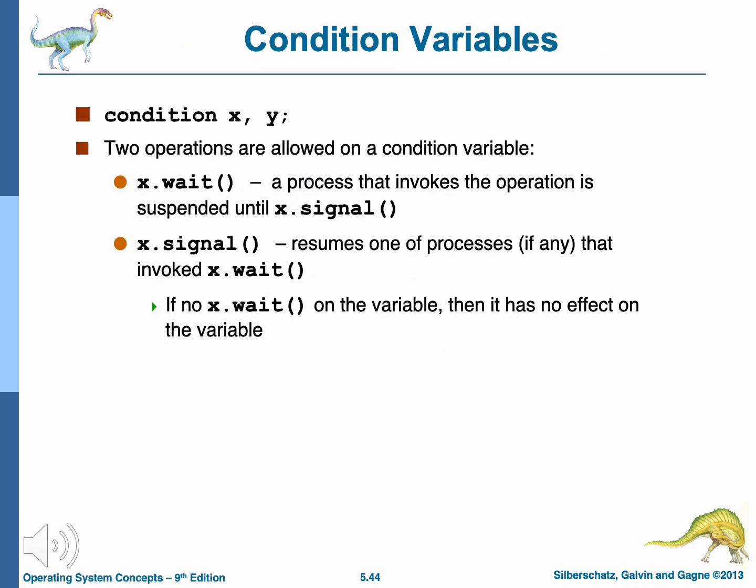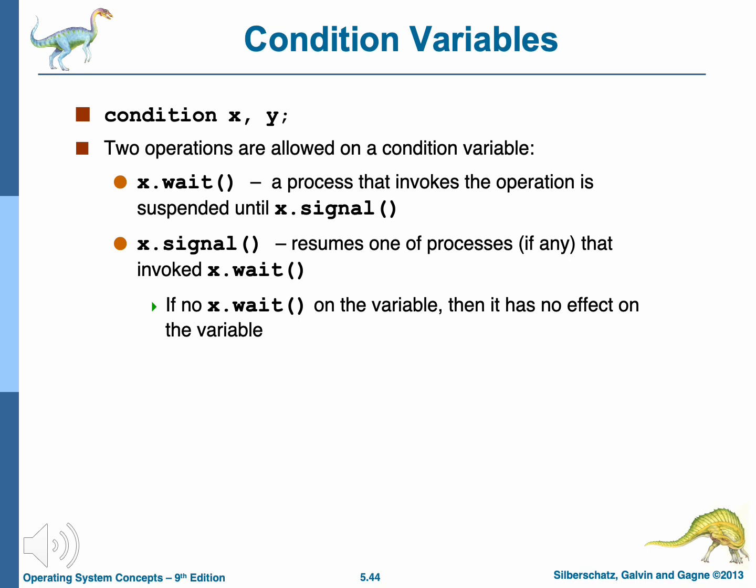A programmer who needs to write a tailor-made synchronization scheme can define one or more variables of type condition: x, y. The only operations that can be invoked on a condition variable are wait and signal. The operation x.wait means that the process invoking this operation is suspended until another process invokes x.signal.